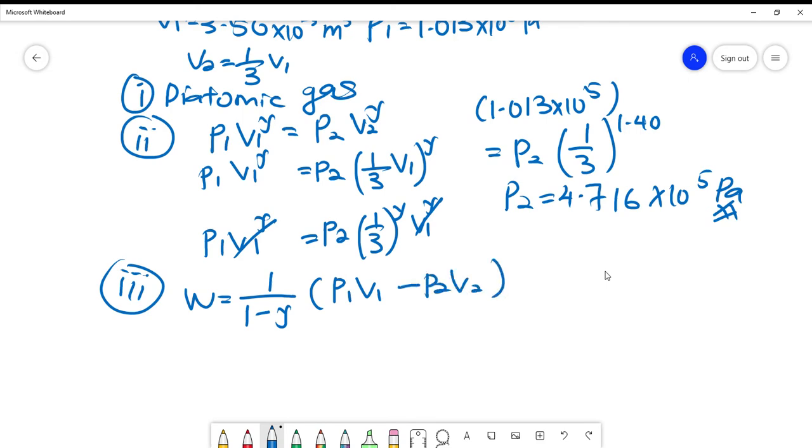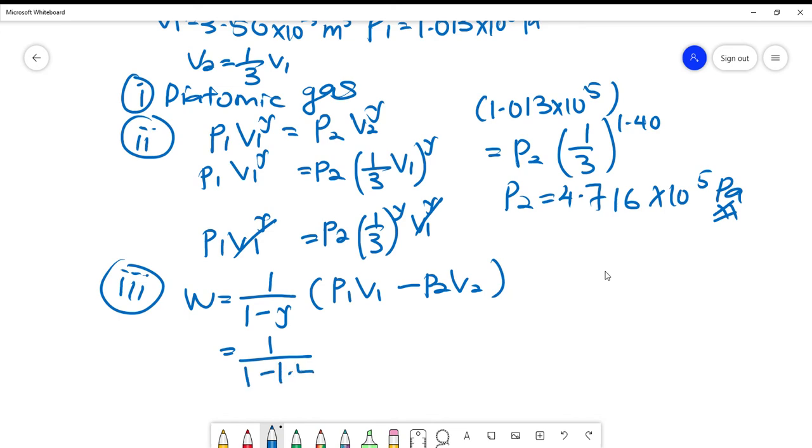As I said, if you are not able to remember this equation, what we can do is derive it step by step. In this case, I just directly write it down.